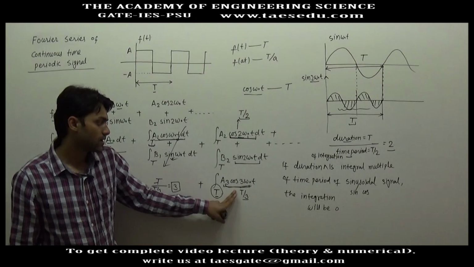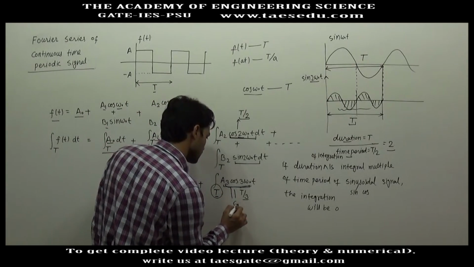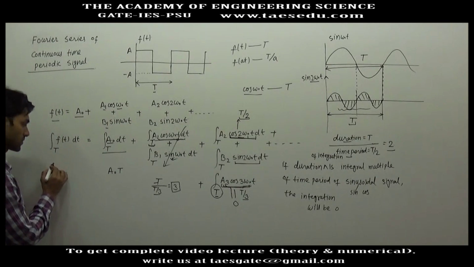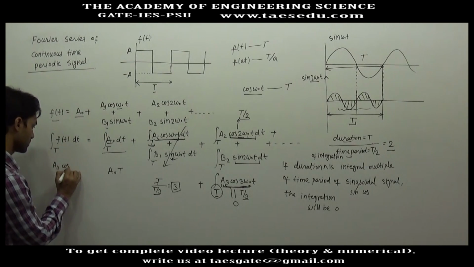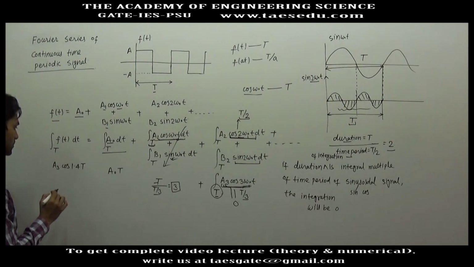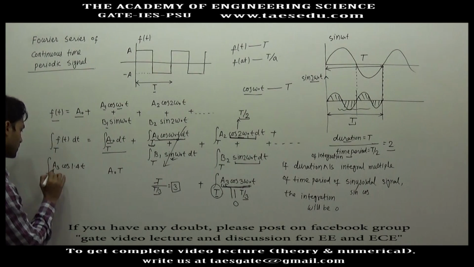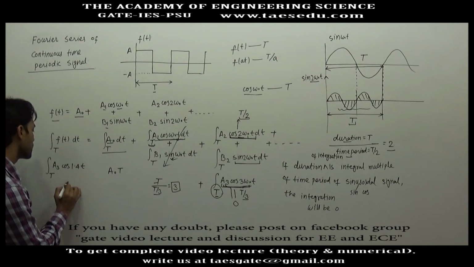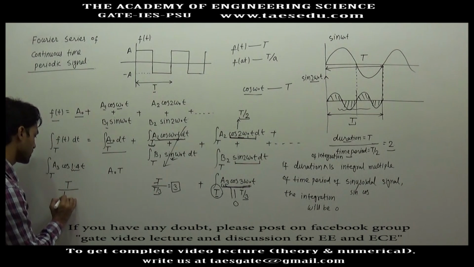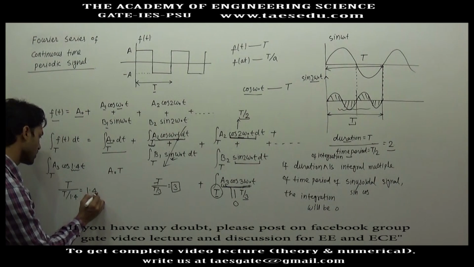It means in any complete cycle, the integration is 0, so its integration is also 0. When is the integration not 0? Suppose you have a signal a3 cos 1.4 omega naught t, and you are integrating it for a duration of T. Its time period will be T divided by 1.4, so if you divide, you get 1.4.